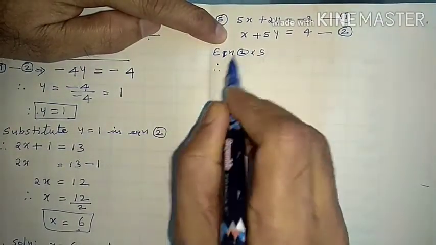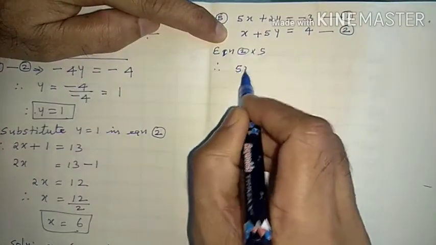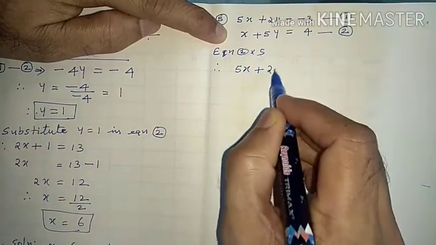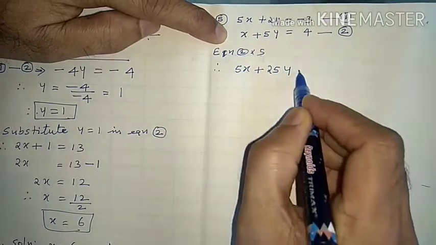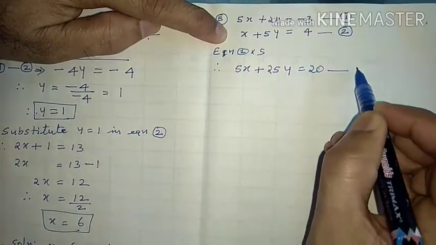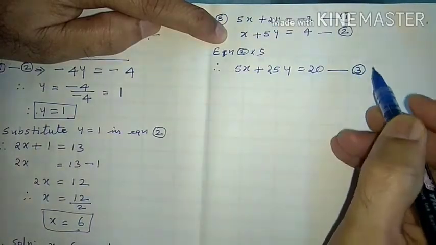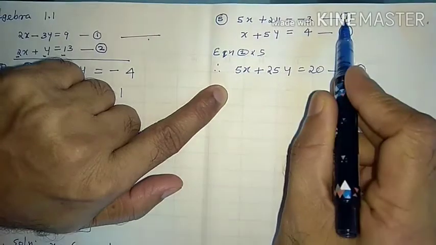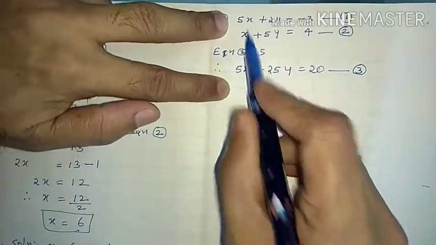That gives us what? 5 into x, 5x plus 5 fives are 25 times y equal to 5 fours are 20. That is equation number 3. Now see third equation 5x. First equation also 5x.